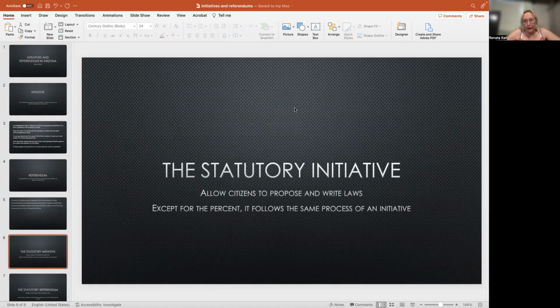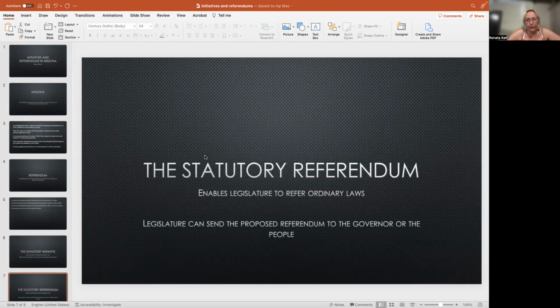The statutory initiative allows citizens to propose and write laws, except for the [unclear] percent. It follows the same process as an initiative. A statutory referendum enables the legislature to refer ordinary laws. A legislature can send the proposed reform to the governor or to the people.